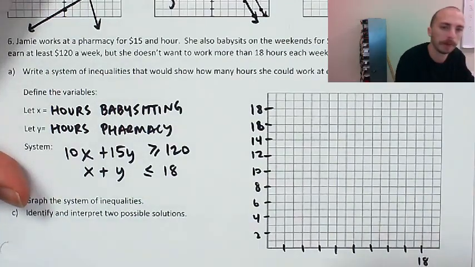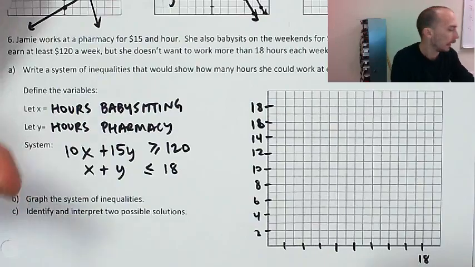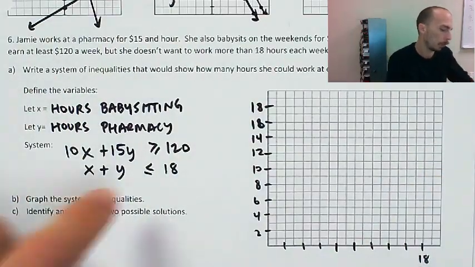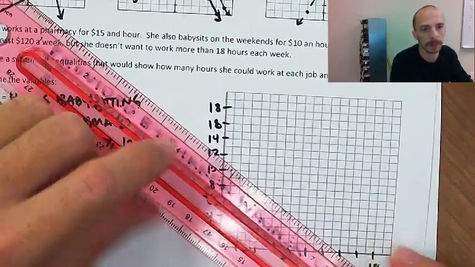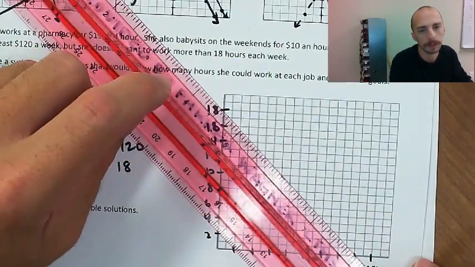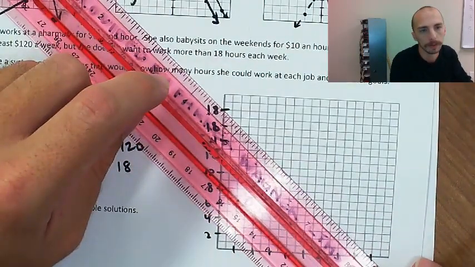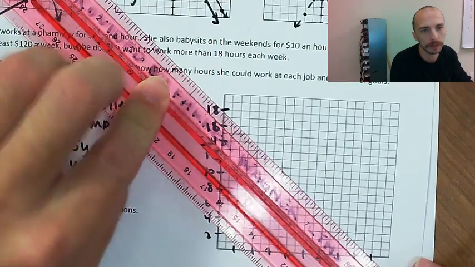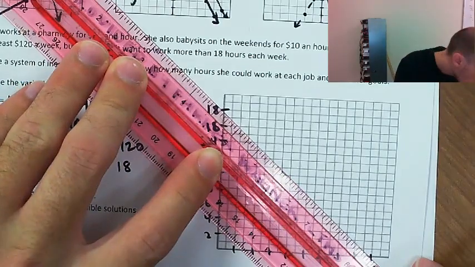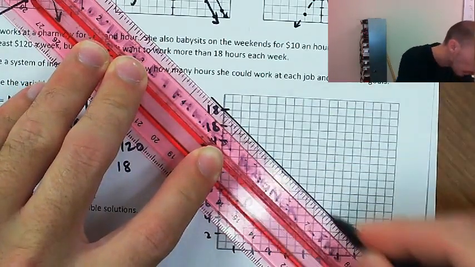Yeah, it was a 20 by 20 grid. Okay, I know that y equals 18 minus x, or x plus y equals 18, ends up getting this line that starts at y equals 18 and goes down to x equals 18. And that looks pretty good.